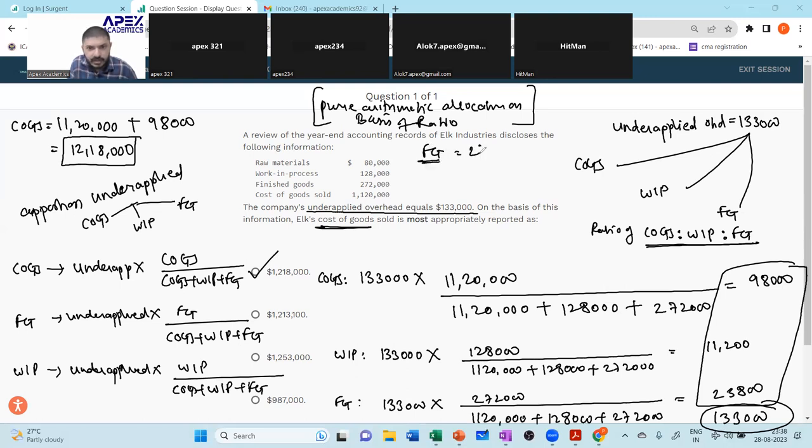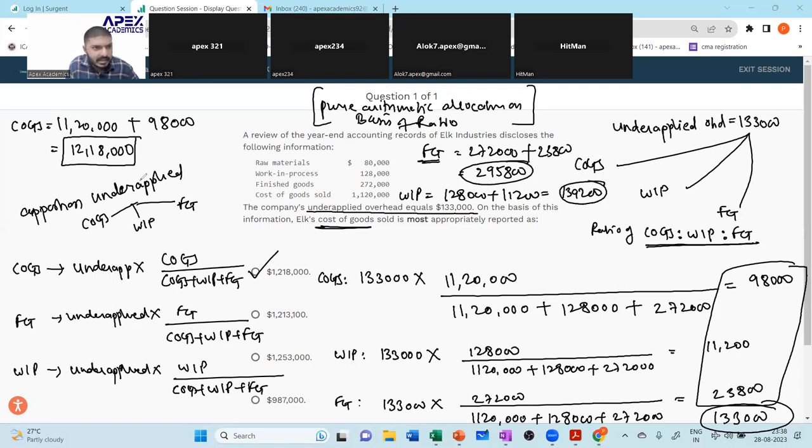So my finished goods will be 272 and I will add 23,800 to it. 272,000 plus 23,800. I'm getting 295,800. Now I will do WIP. That is 128 plus 11,200. It is 139,200.